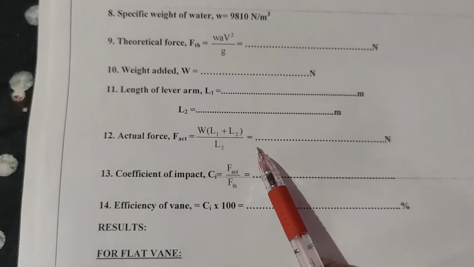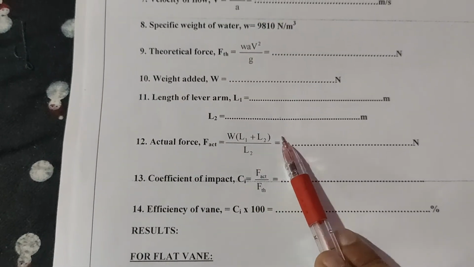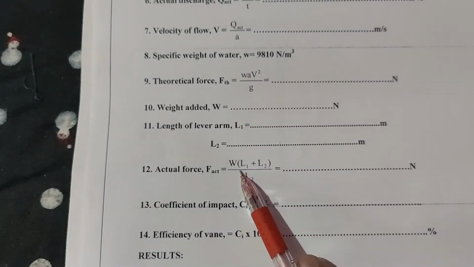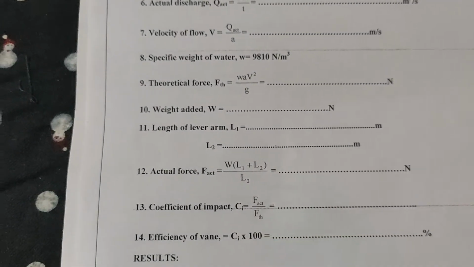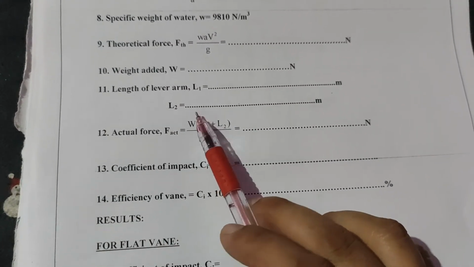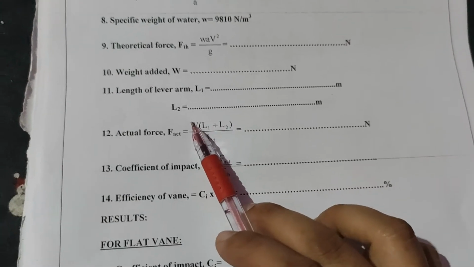Then determine actual force by using the equation W into (L1 plus L2) divided by L2, where W is the weight in terms of newtons. In the experiment, you had added the weight in terms of grams. In order to get weight in terms of Newton, multiply that with 9.81.